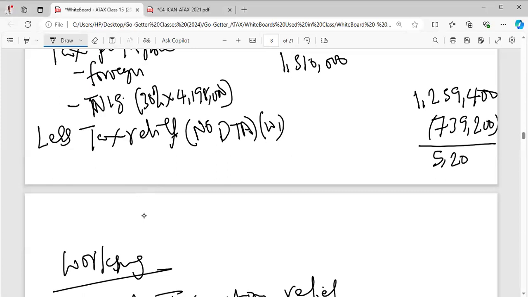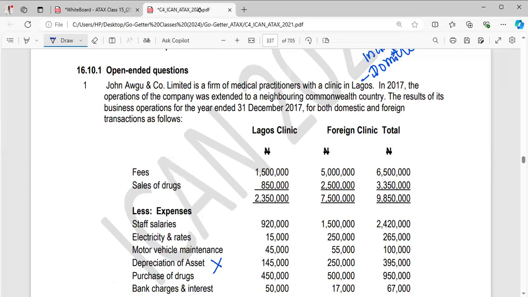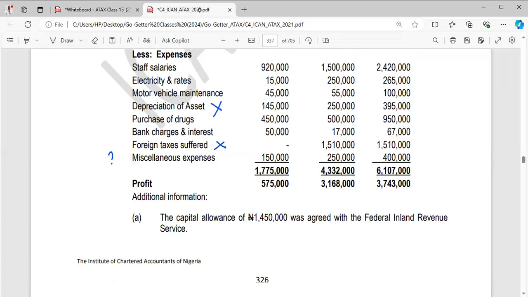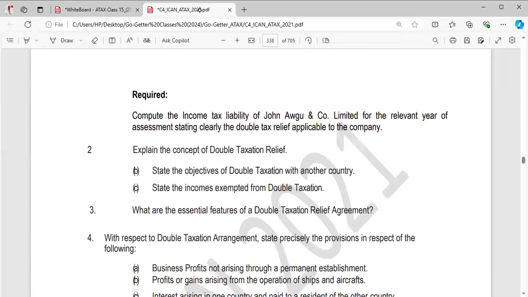This one will give me 1,510,000. The reason why this one is small is that it took the whole capital allowance. So this is the solution to this problem. So that's it.